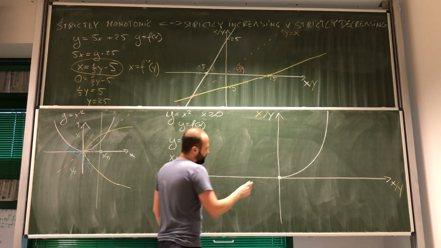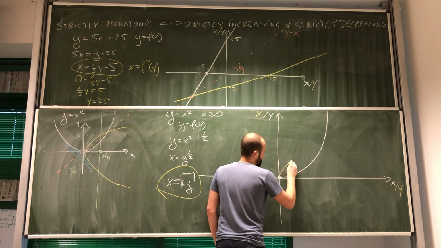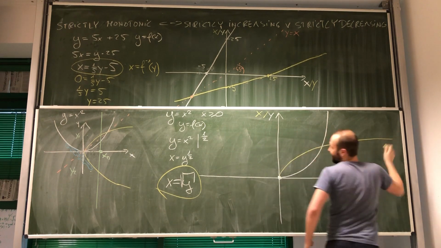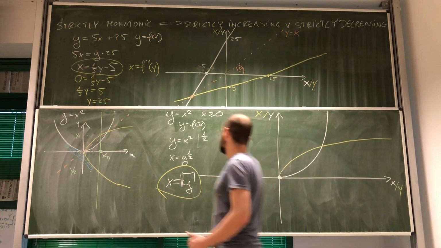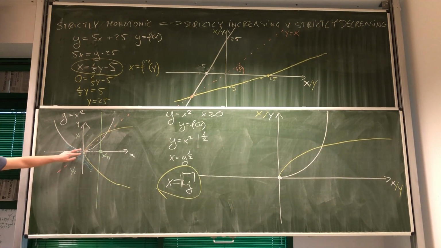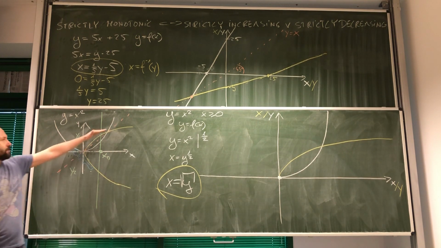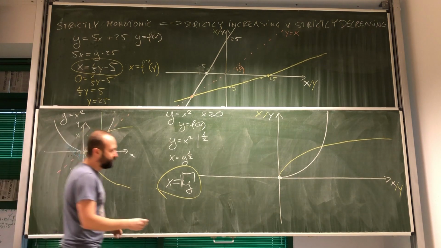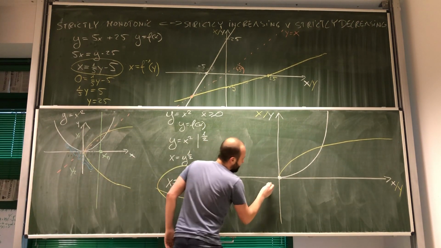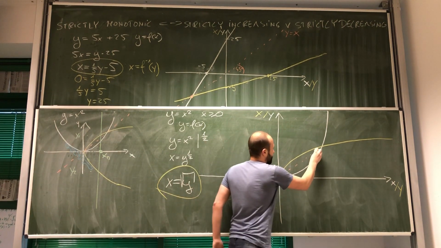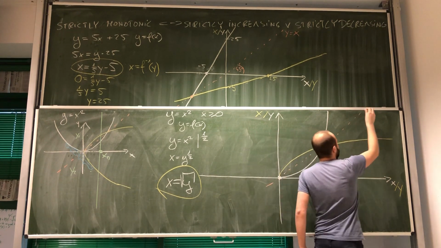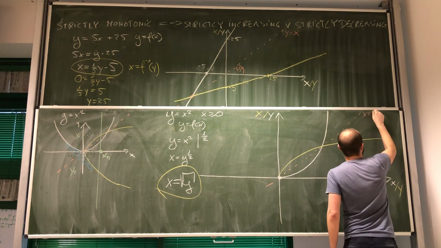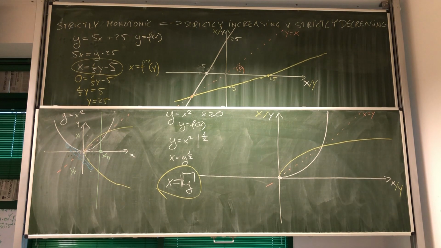Well, this function looks like that, which of course shouldn't be surprising because as you can see, this is what we got over here simply by using our mirror, and our mirror is the 45 degrees line. So x equals y or y equals x.